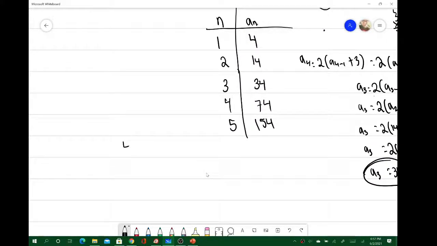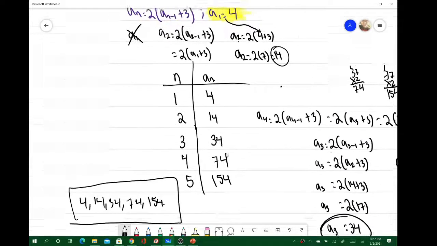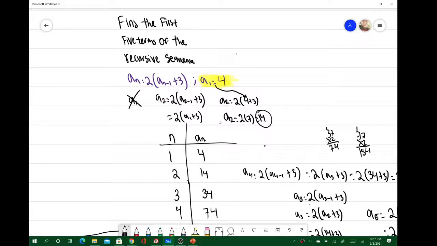So now to list the first 5 terms, it's going to be 4, 14, 34, 74, and 154. These are the first 5 terms of the sequence. That's how a recursive sequence works. You have to think about it.